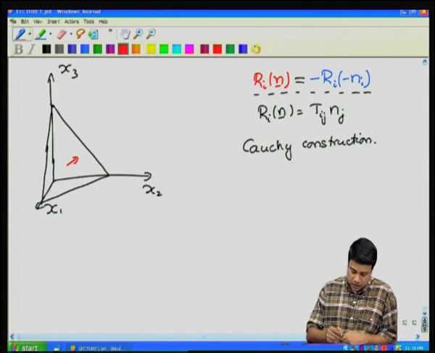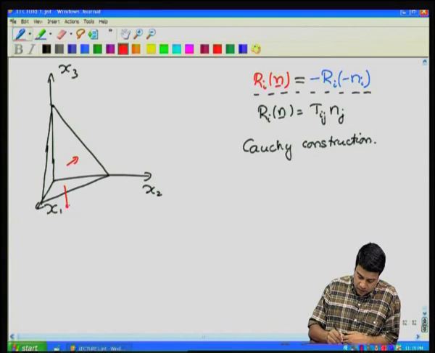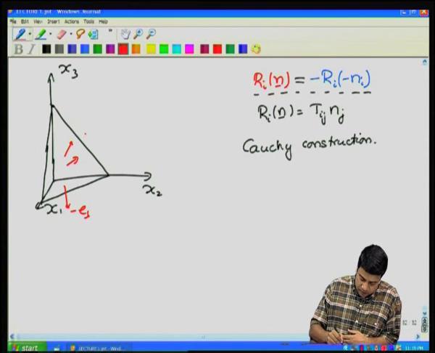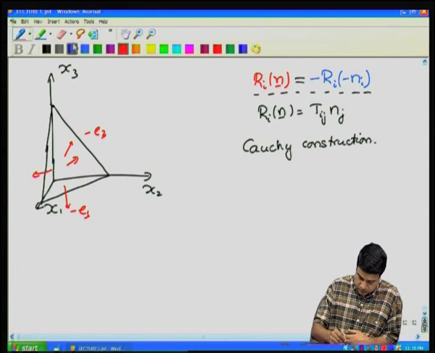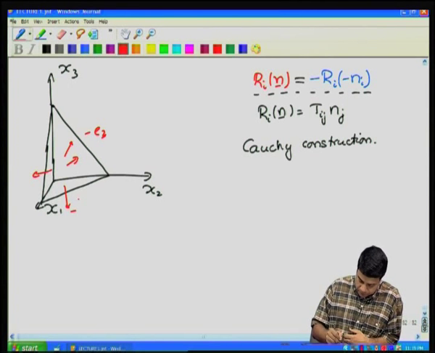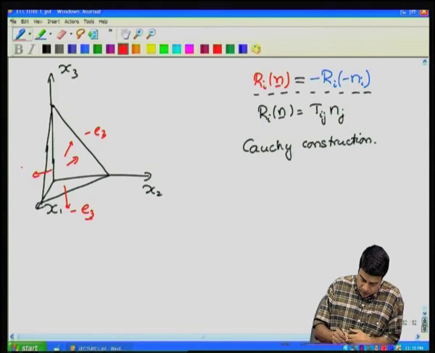The other 3 surfaces have outward unit normals in the minus E1, minus E2, I am sorry, this is minus E3. This is in the minus E2 direction.